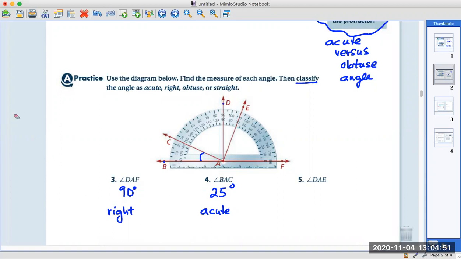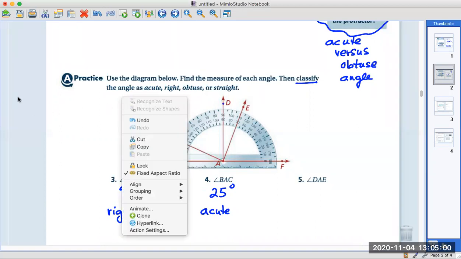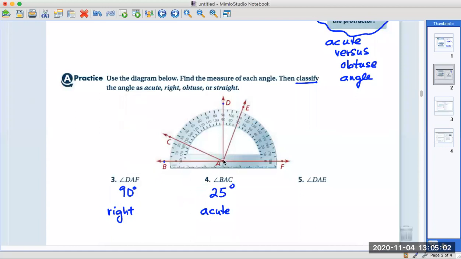And then DAE is this one. It's also acute. DAE. And now I have to subtract, and I can use either numbers, because if I subtract 110 minus 90 or 90 minus 70, it doesn't matter.